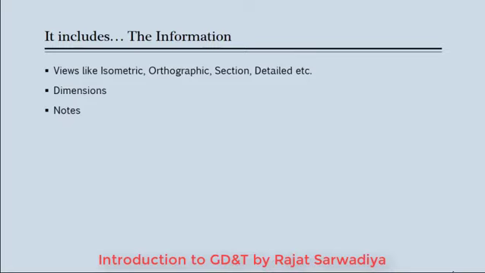Then we will have some notes, some information text will be available. We will have some tables if required, just to list things down. Let's say if an assembly is there, then I will need to give a table having details of all the parts.